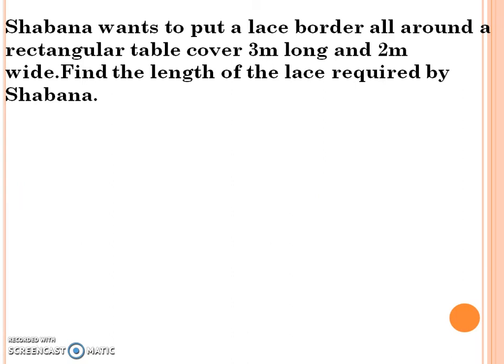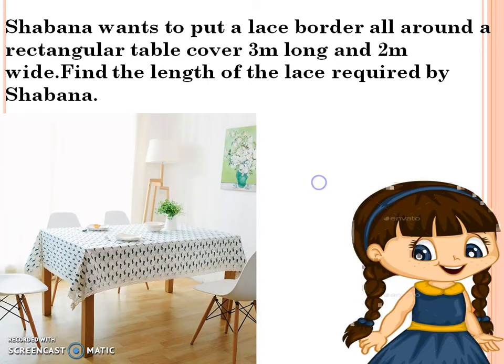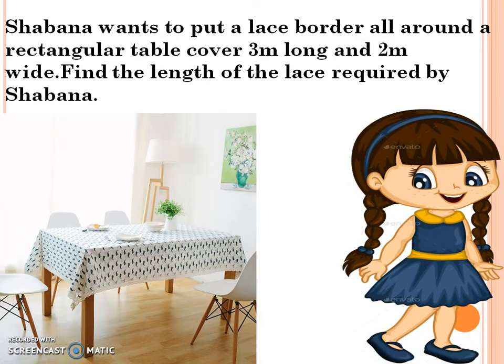Next, let us see the next problem. Shabana wants to put a lace border all around a rectangular table cover which is 3 meter long and 2 meter wide. Find the length of the lace required by Shabana.